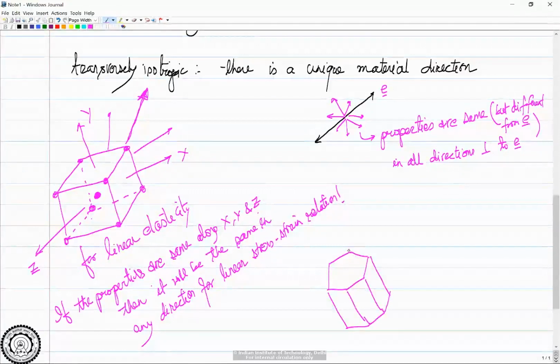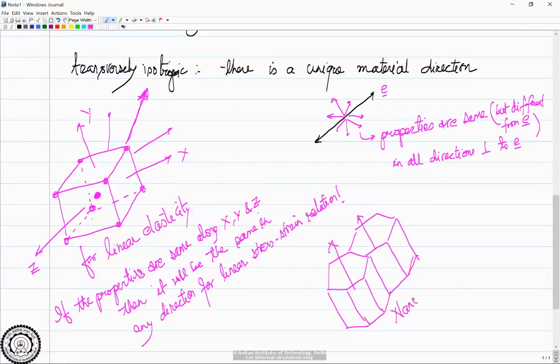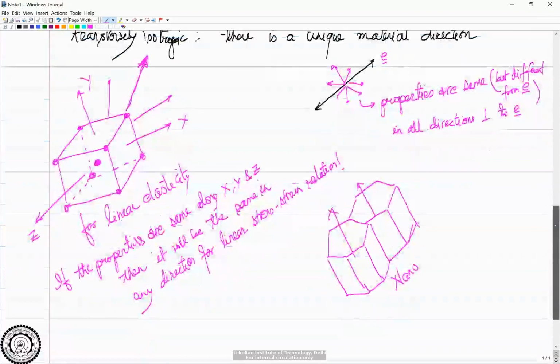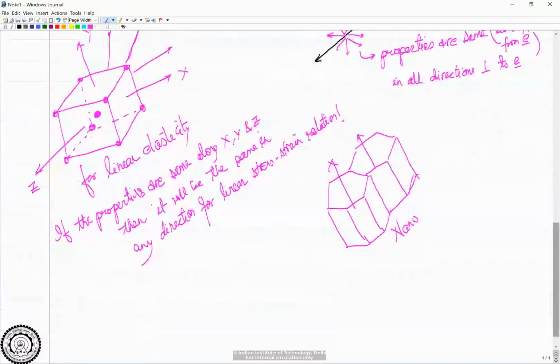Okay, and then you have many more. So you can see that this is one unique direction, isn't it? But this is, you are seeing at nano scale, having this unique direction.